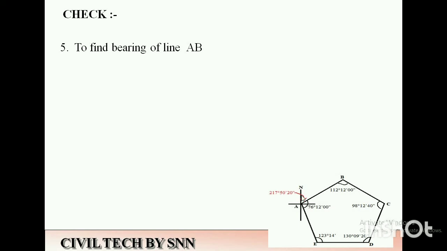So this is our observed bearing, and for the check we calculate the bearing of line AB again. If the calculated bearing and observed bearing are found correct, it means our problem is correct. So let us check.